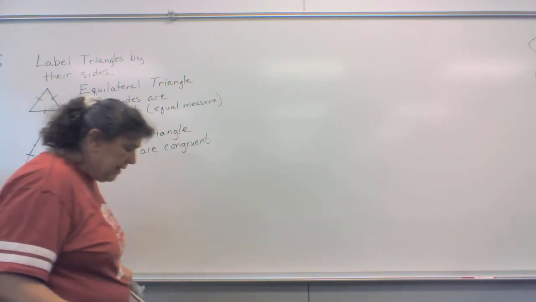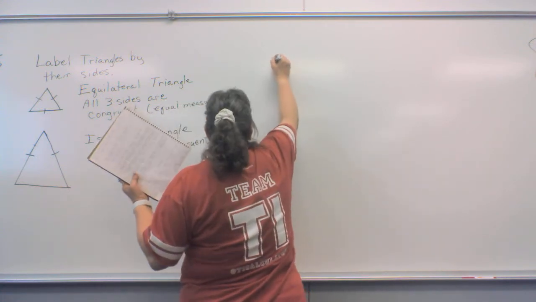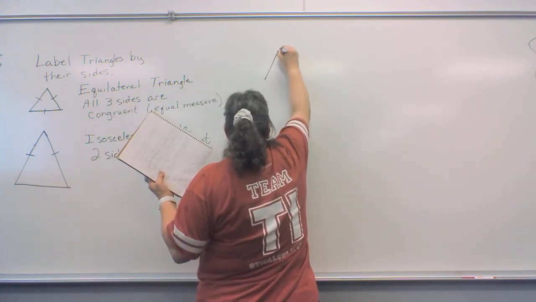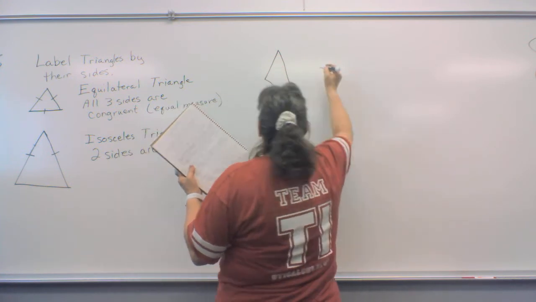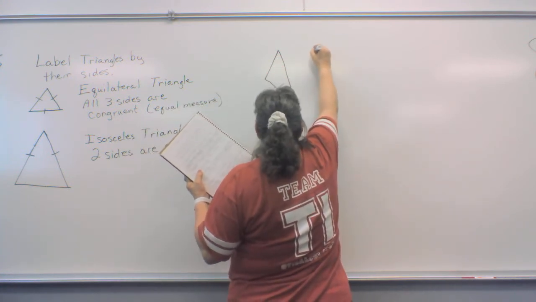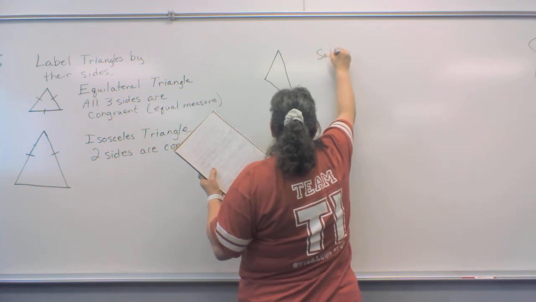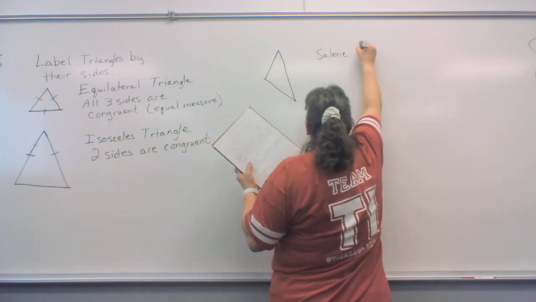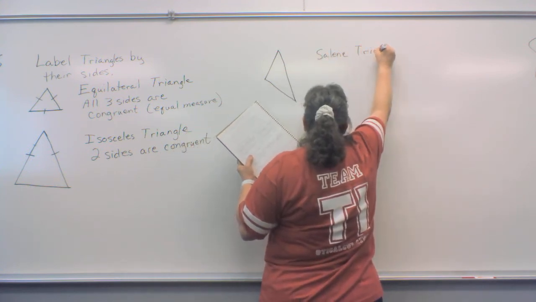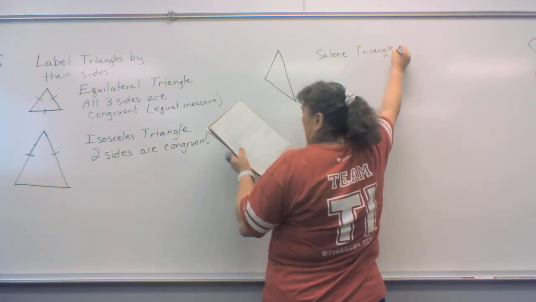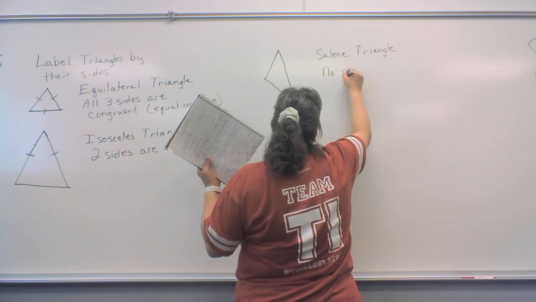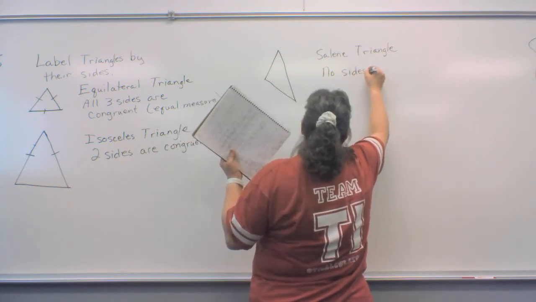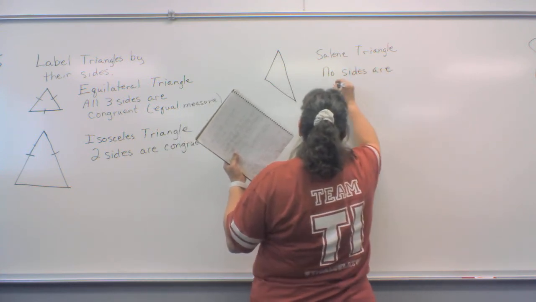The last triangle of this type is going to be a triangle where no sides are the same measurement, and this is called a scalene triangle. The scalene triangle has no sides congruent.